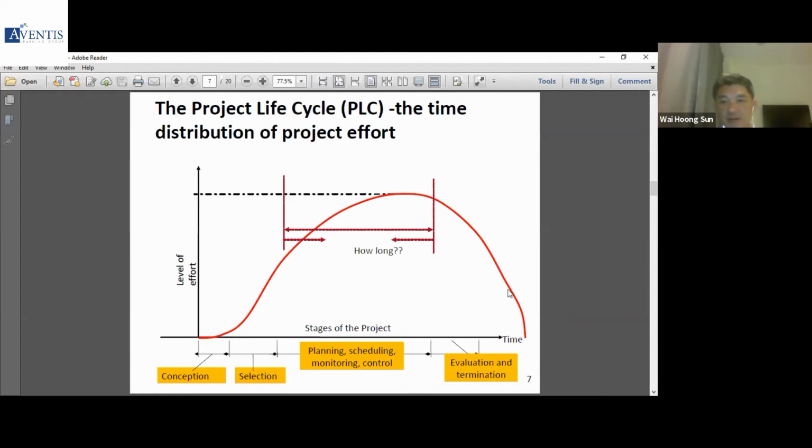How long each phase is depends on your project. For shorter projects, it could be as short as 1 month. For long projects, for example construction, or to develop a completely new product, it could be 2 years.